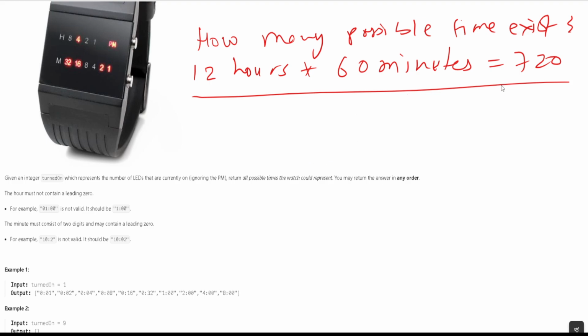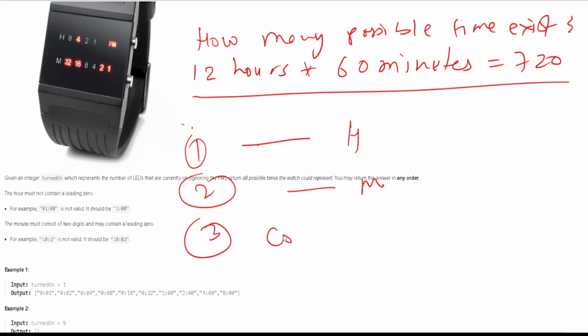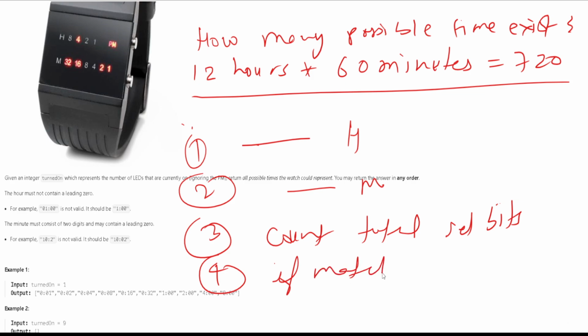That's tiny, right? So instead of generating combinations, we can just try what? We can try every possible hour, right? Then we can try every possible minute. Then we can count total set bits, right? That we have seen like that. And then if it matches, then add it into the result, right?